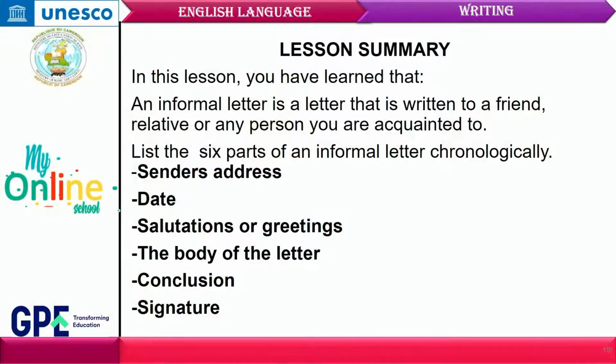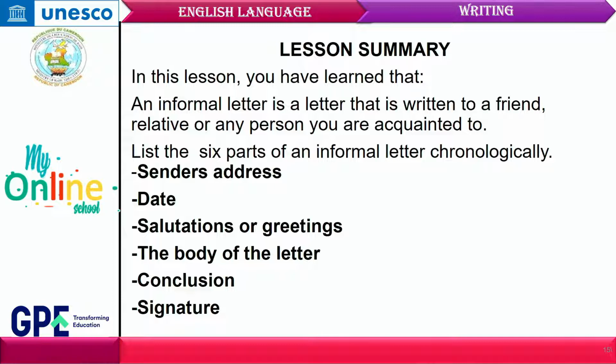So, before you go, dear friend, remember that in this lesson you have learned that an informal letter is a letter that is written to a friend, a relative, or any person you are acquainted with, a person you are used to.